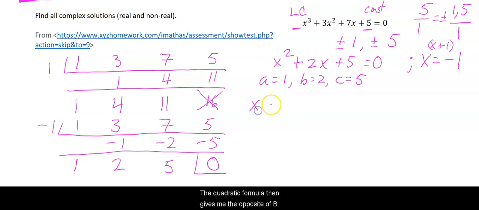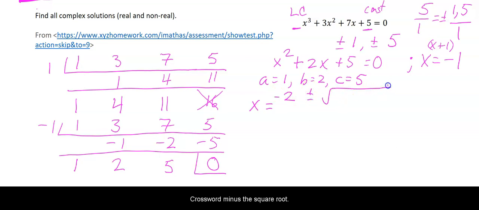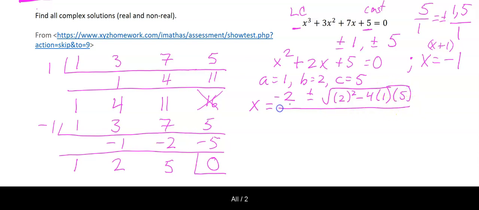The quadratic formula then gives me the opposite of B, or -2, plus or minus the square root of B squared minus 4 times A, which is 1, times C, which is 5, all divided by 2 times A, which is 1.